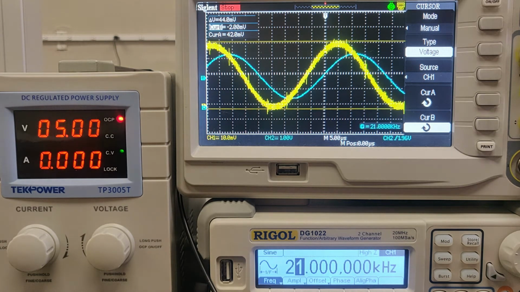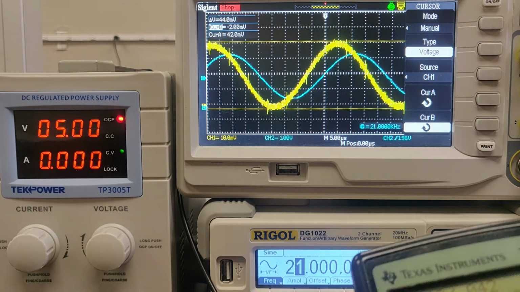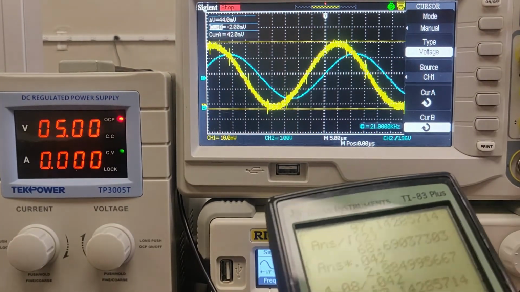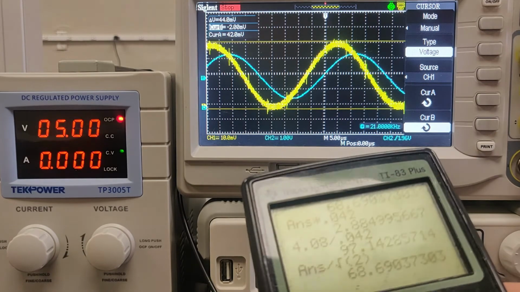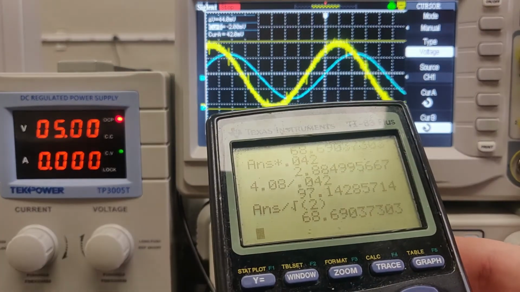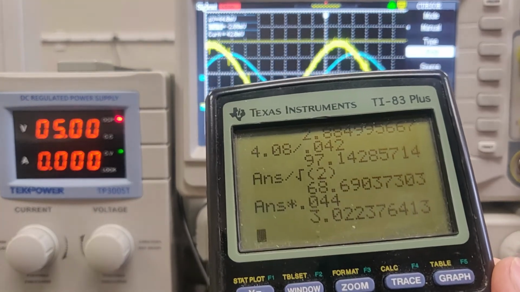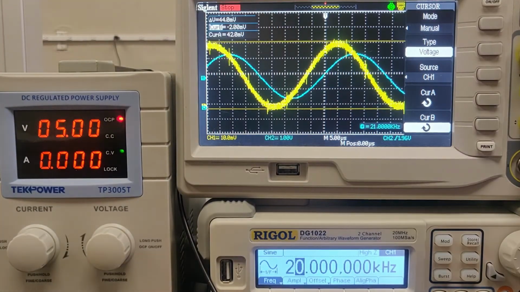So let's do this calculation once more, knowing that our input signal's peak to peak is going to be 0.44 close to our cutoff frequency, so times 0.044. So 3.02.